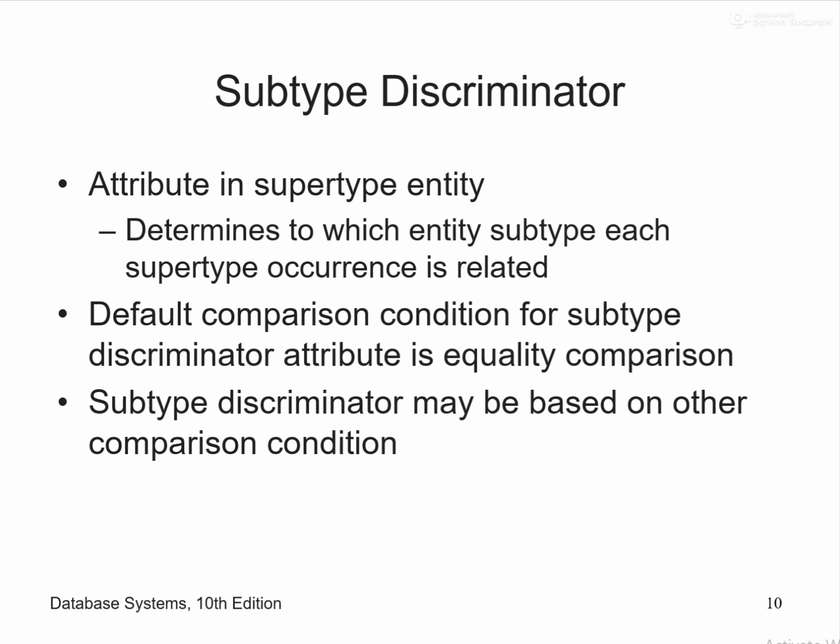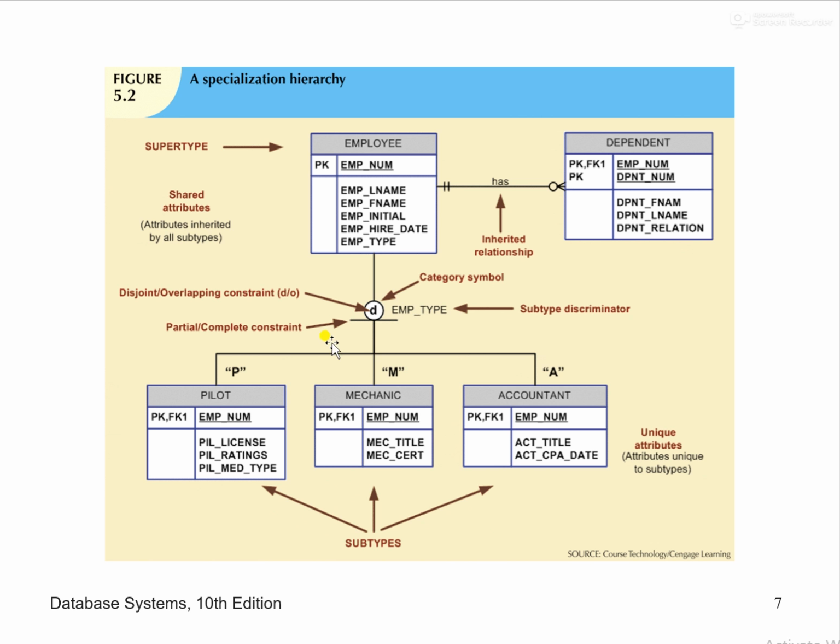Okay, a subtype discriminator is the special attribute in the supertype entity which determines to which subtype the supertype occurrence is related. Like, if we go back here in this example, the discriminator is employee type. So employee type is the subtype discriminator in the employee table.